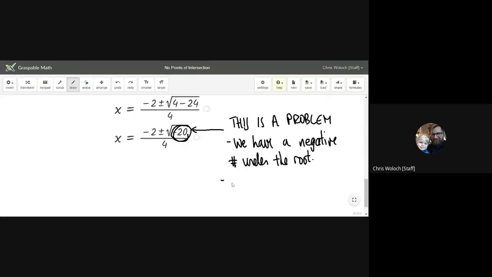Okay. So this is like it's undefined. All right. I can't get a real number as an answer. So when you solve a system algebraically and you get to this step, right, we know now there are no solutions.